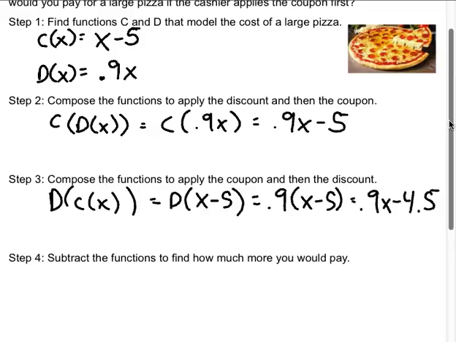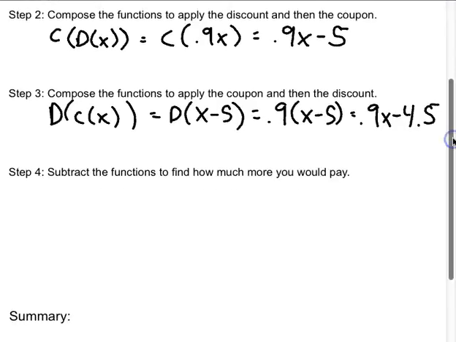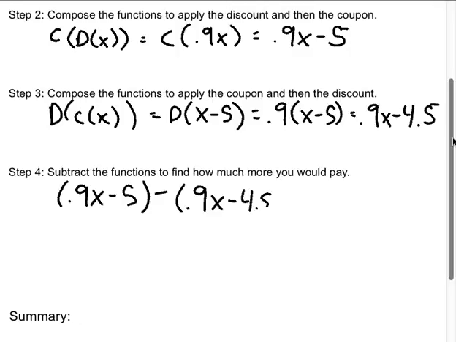So I'm going to subtract my functions now. Okay, so let's see how much more I actually would be paying. So 0.9x minus 5, and I'm going to subtract off the 0.9x minus 4.5. So here, those cancel.